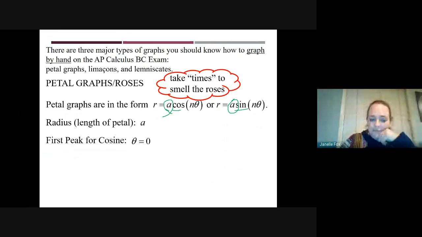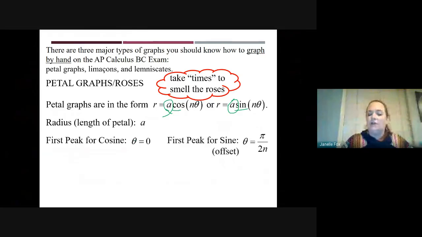For the cosine graph, the first peak starts there at 0. So your first loop is right there on the positive x-axis. For sine, your first peak is a little bit offset. How much is it tilted?